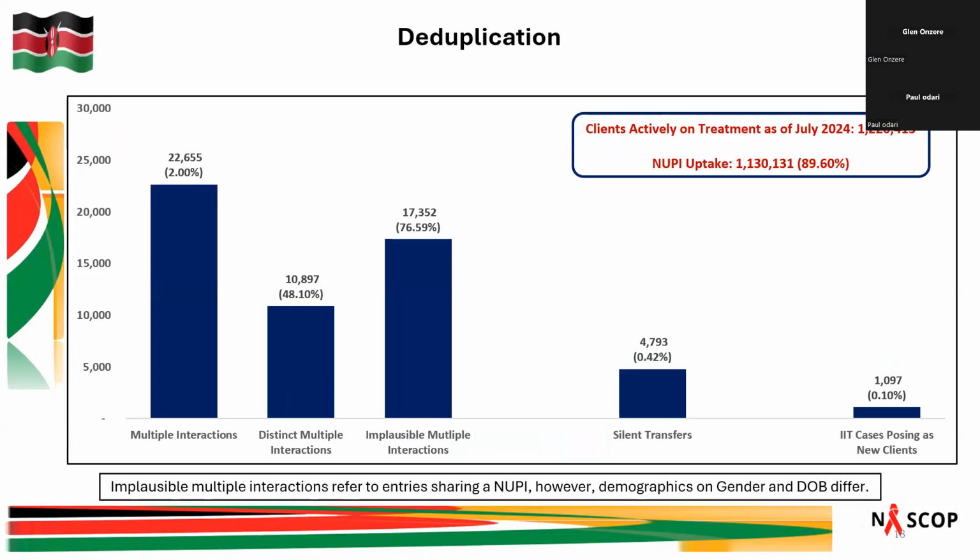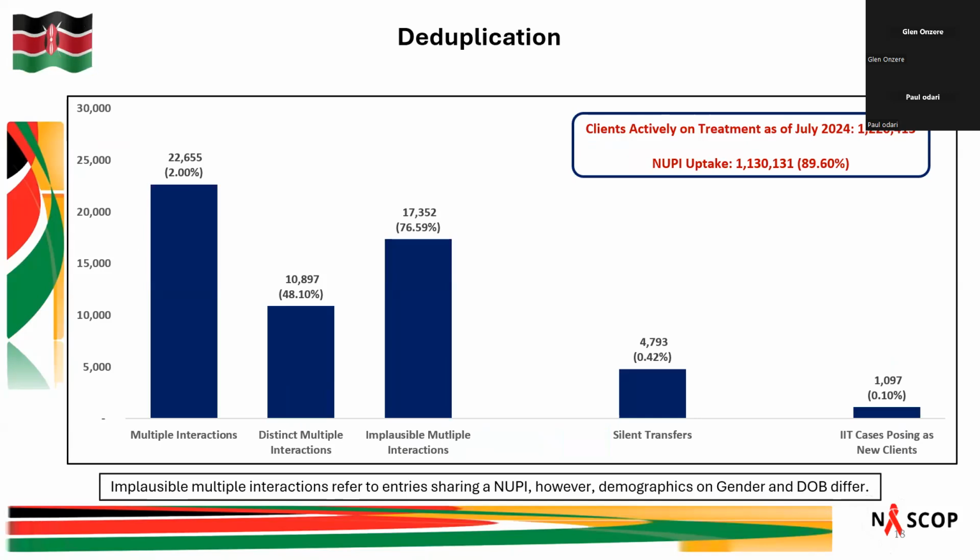So we now move to the deduplication using the NUPIs that have been issued to these ART clients. We have seen that as at July 2024, among all the active clients on treatment, 90% of them have a NUPI.